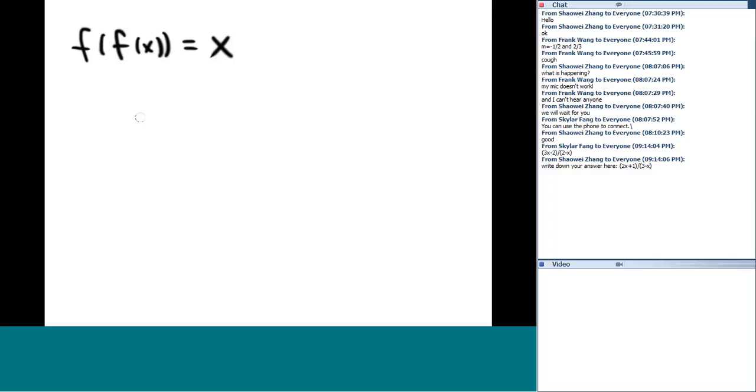Actually, there are a lot. For example, f(x) equals, you give me some example. 1 over x is good. 1 over x, that's good. So who else has an example?